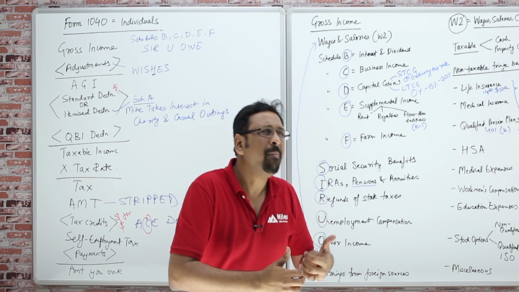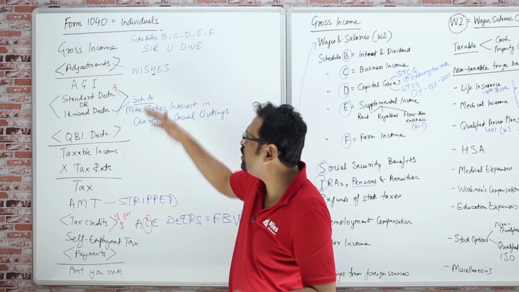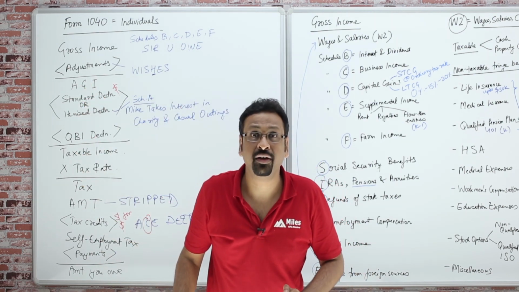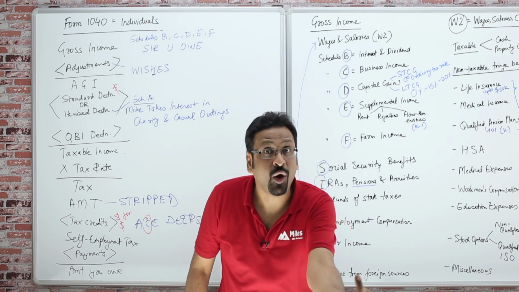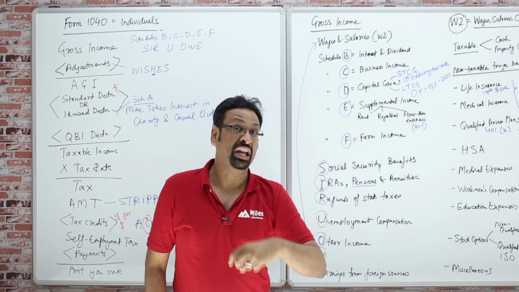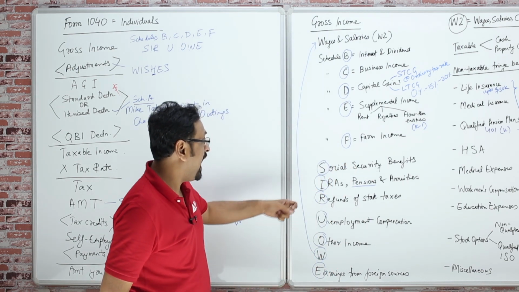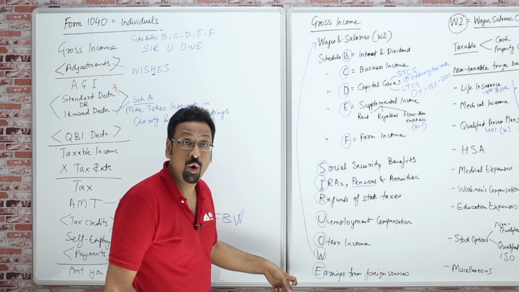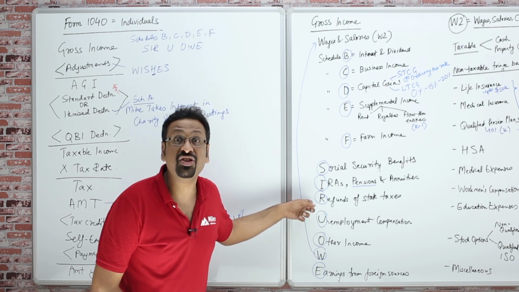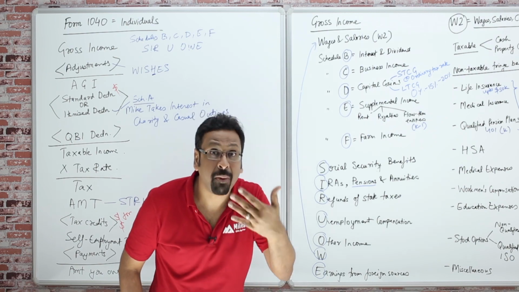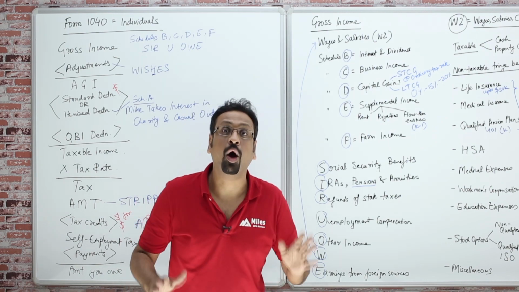Now, you don't have to go back to year one and revise your 1040, change that $1,000 to $700. No need of doing that. The $300 refund that you got in year two would be included as income as part of SIR-UO, because the R of SIR is refunds of state taxes which are included as part of your gross income on 1040.